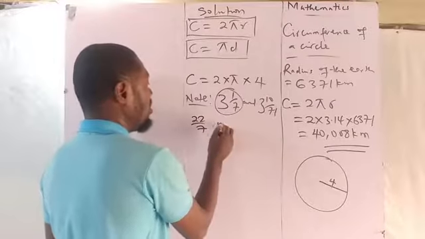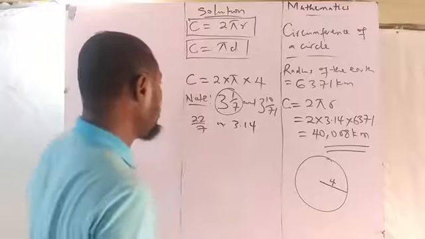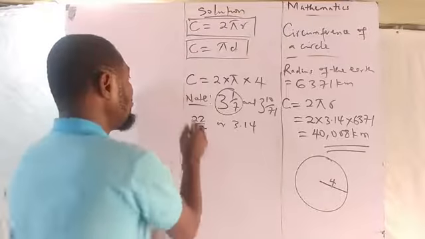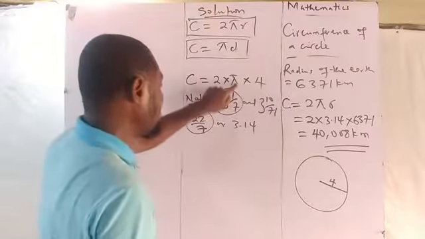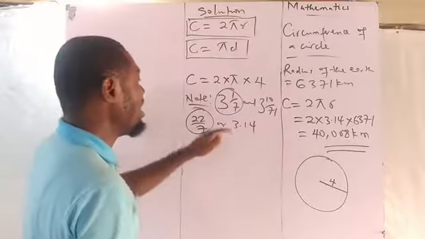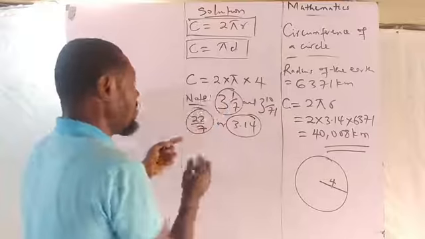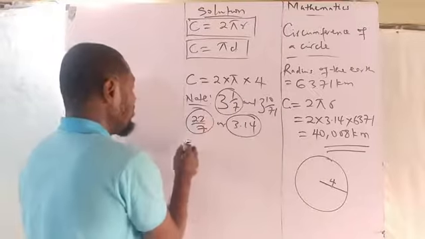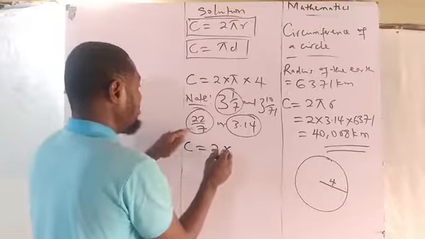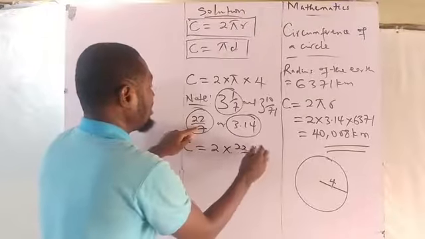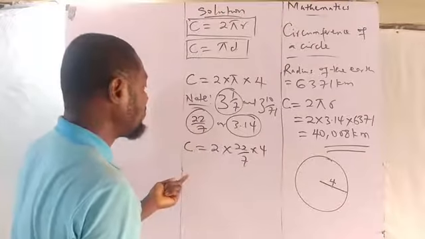That is pi, or 3.14. If you use the fractional form of pi, you will still have the same answer as with the decimal form. But let us use this. You have C is equal to 2 times 22 over 7 times 4.